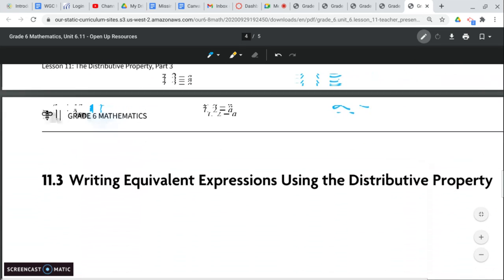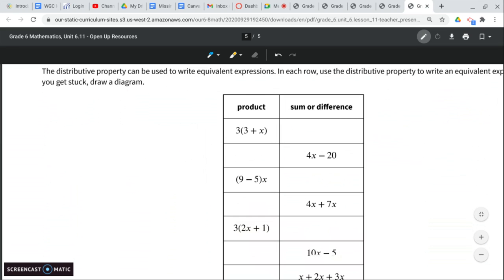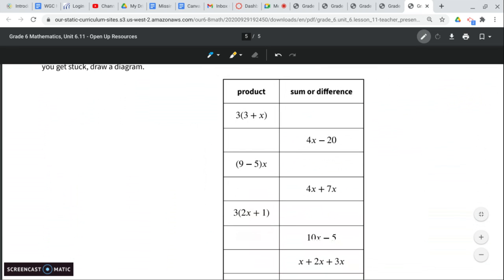All right. Writing equivalent expressions using the distributive property. So the distributive property can be used to write equivalent expressions. In each row, use the distributive property to write an equivalent expression. If we get stuck, we can draw a diagram. So here we have 3 times the quantity of 3 plus x.